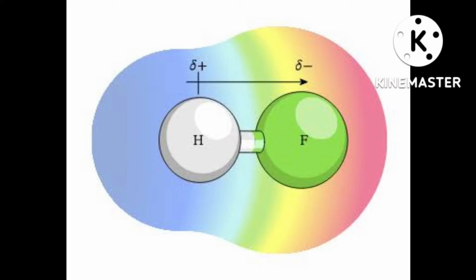The penetration of a 2s electron to the nucleus is more than that of a 2p electron.